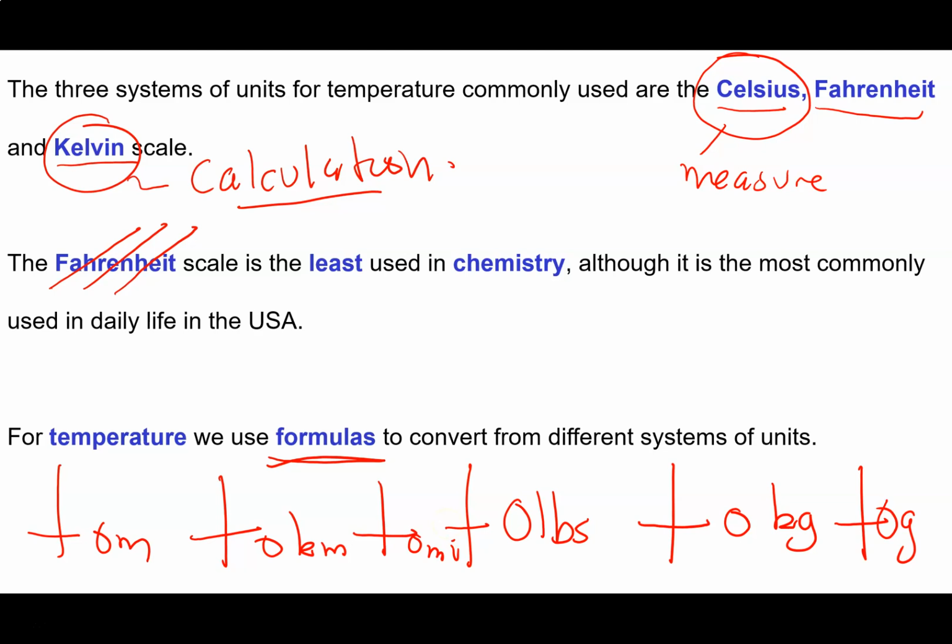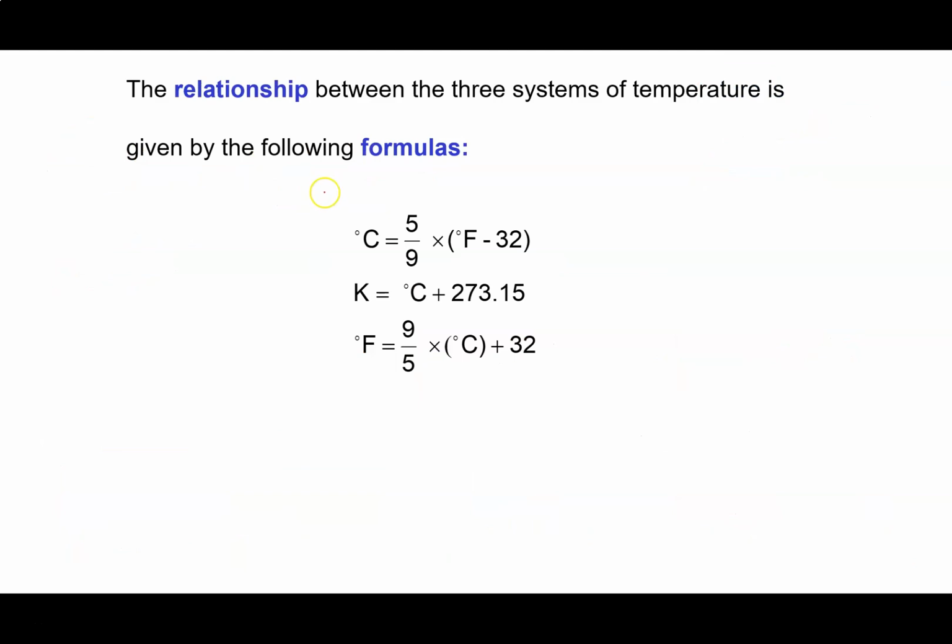So there's no difference in the 0 points. We know though, 0 degrees Celsius is 32 degrees Fahrenheit. The temperature scales have different 0 points, and we have to take that into account. So in order to convert between these 3 systems of temperatures, we're going to use these formulas here.